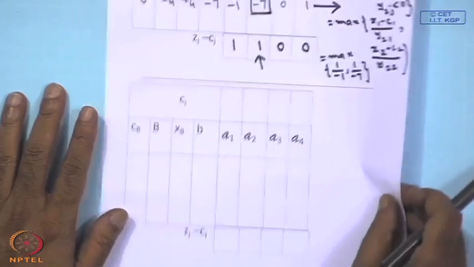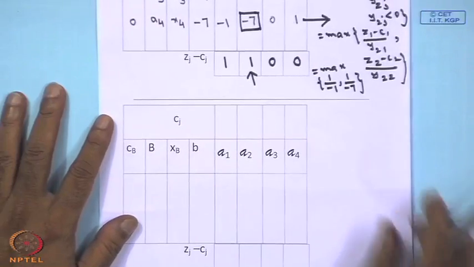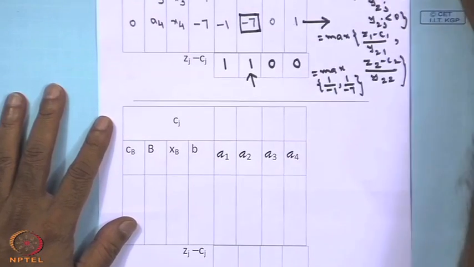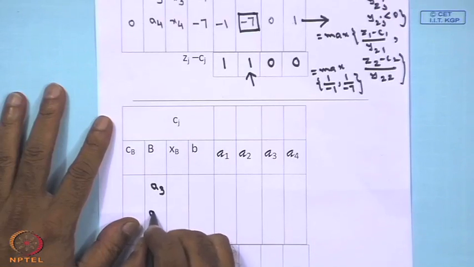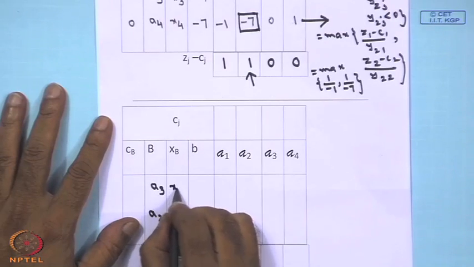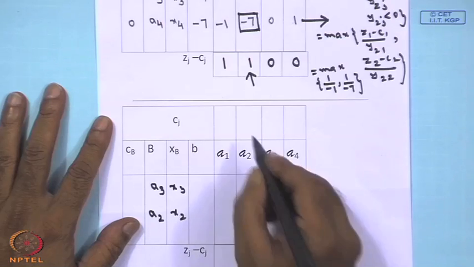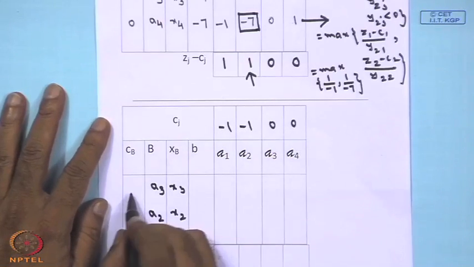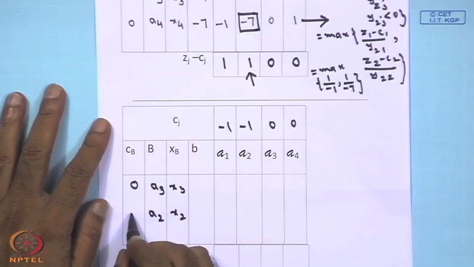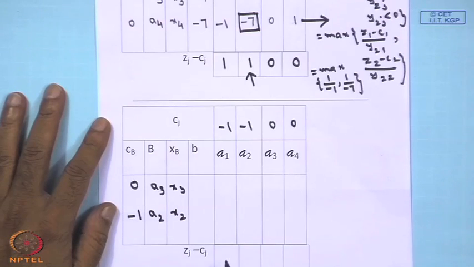So now from here we can form the next table. In the next table, A3 will be there instead of A4; A2 will enter. So it will be x3 and x2. These values will remain the same, minus 1, 0, 0. So the CB values will be 0 and minus 1.